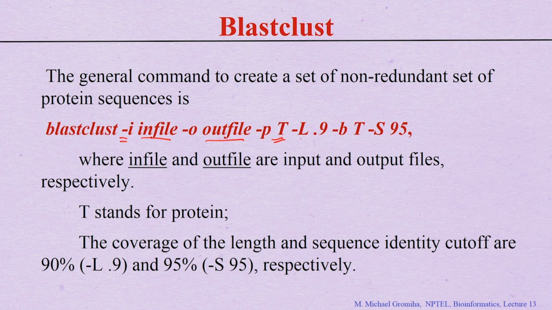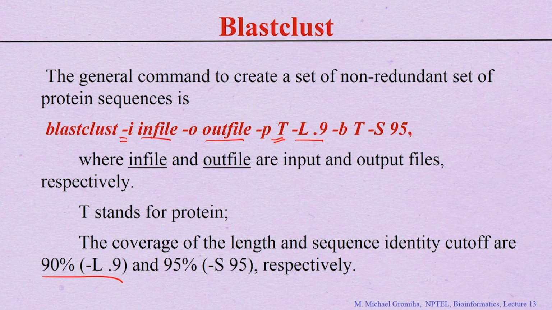For example, they have L equal to 0.9. What is the meaning of L equal to 0.9? This is a coverage, about 90%. What is the meaning of coverage? Sequence coverage.